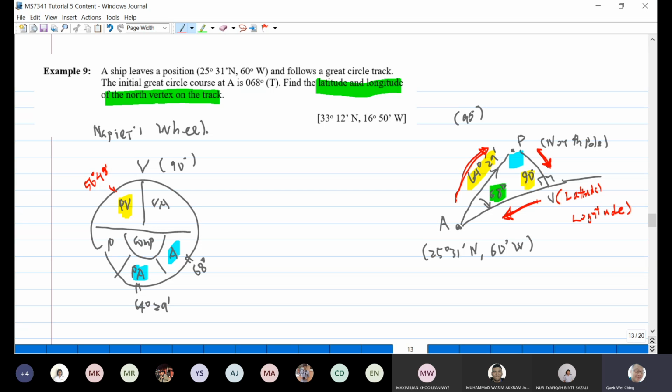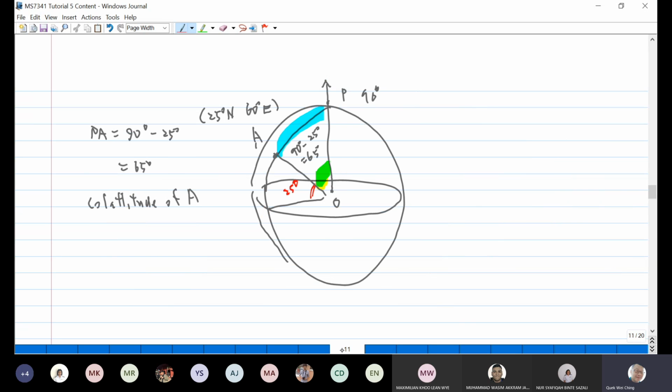Okay, let me draw the Earth again. Another Earth, a separate diagram. Don't use the red color one, I'll use the black color one. So I have another Earth here.